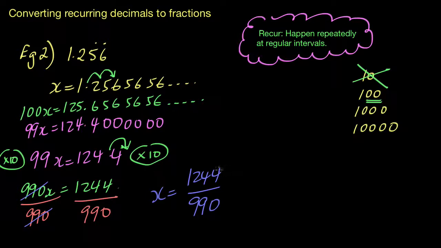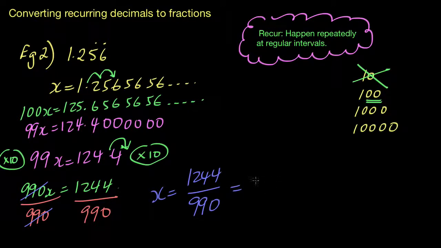Now at this stage, if you like, you can test this to make sure you're not wasting your time. If you take a calculator and type in 1,244 divided by 990 equals, you should see you get 1.25656 recurring. That means you've got the solution you want, but we can simplify our fraction, and in most questions you need to simplify your fraction if you want to have the correct answer. So how can we simplify this? Does 990 go into 1,244? It does.